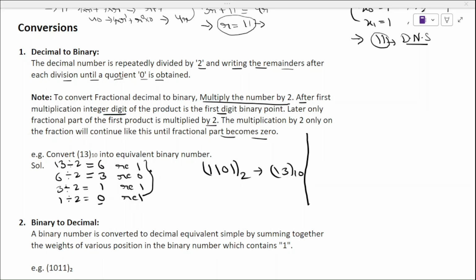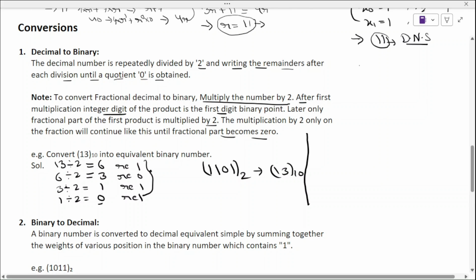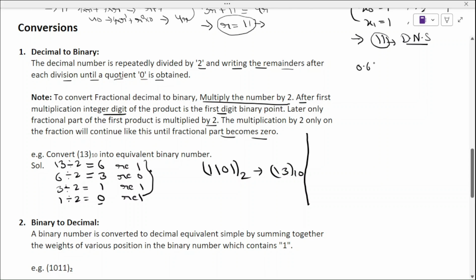Let's take an example. Suppose 0.65625. You have to convert this decimal number into the binary number system. First we multiply by 2. 0.65625 multiplied by 2 is 1.31250. So my integer digit is 1.